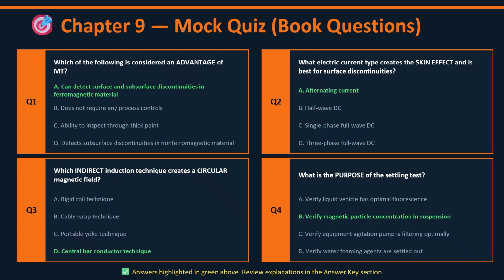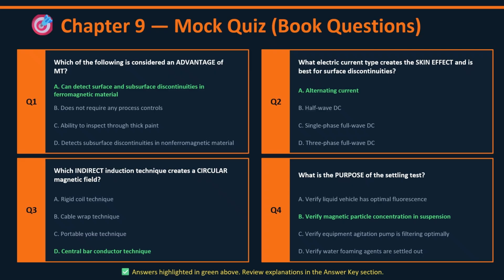Alternating current is the current type associated with strong surface concentration. The third question tests induction technique. A central bar conductor is the indirect arrangement that creates a circular magnetic field in the surrounding component. The fourth question tests process control. The settling test is used to verify magnetic particle concentration in the suspension.